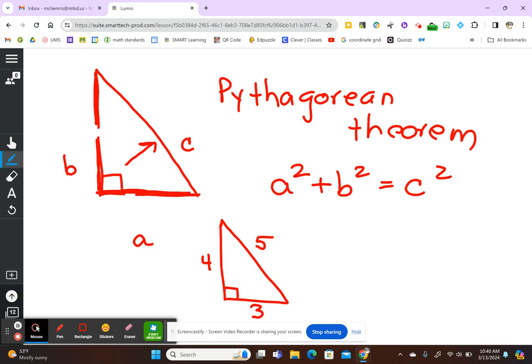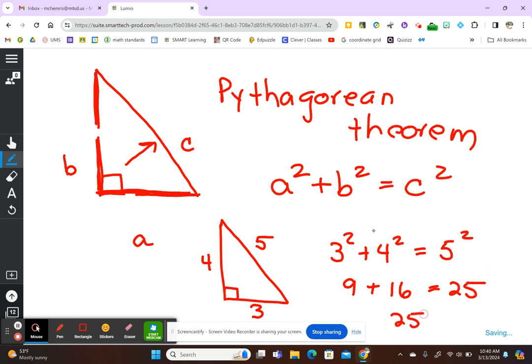If this is true, then we can say 3 squared plus 4 squared must equal 5 squared. And 3 squared is 9, 4 squared is 16, 5 squared is 25. And that works. 25 equals 25.